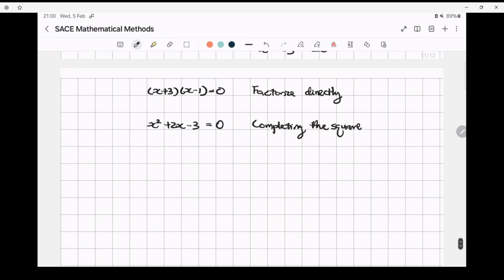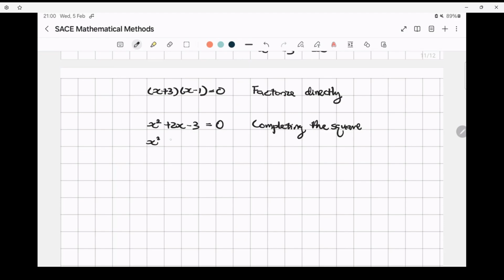Usually when people do completing the square, they will move the minus 3 to the right hand side, and then start doing the completing the square. But in this case, I just keep everything on the left hand side.